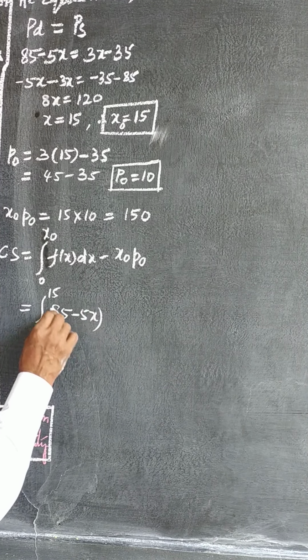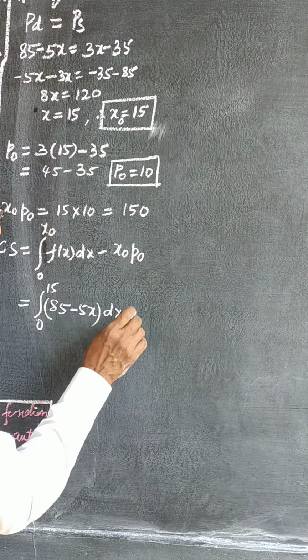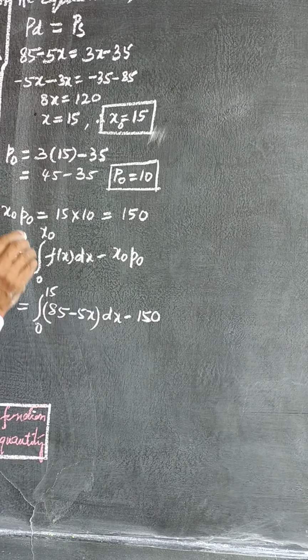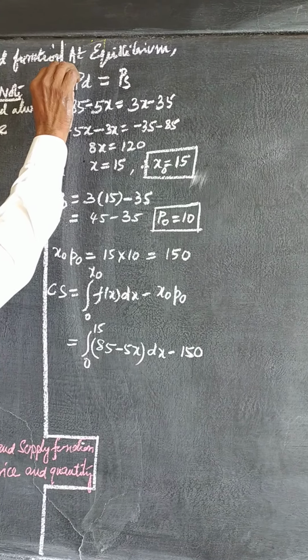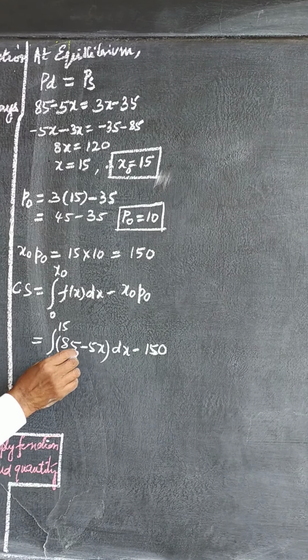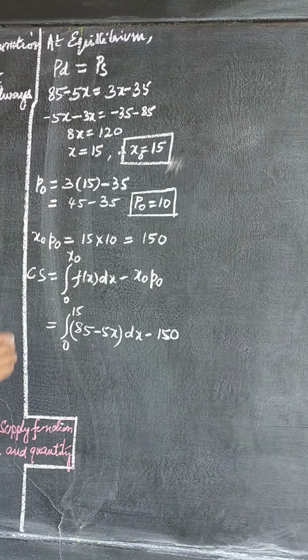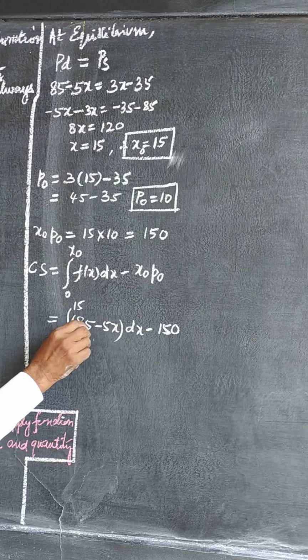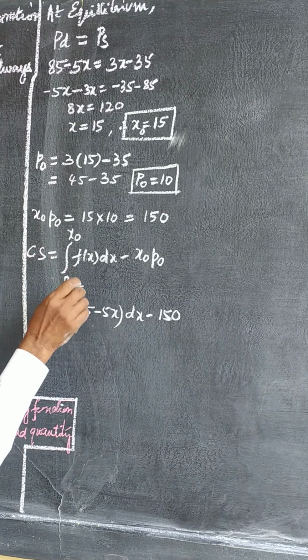Here only you will get the doubt about which is to be taken as the function. Producer demand is to be taken for f(x), not producer supply.